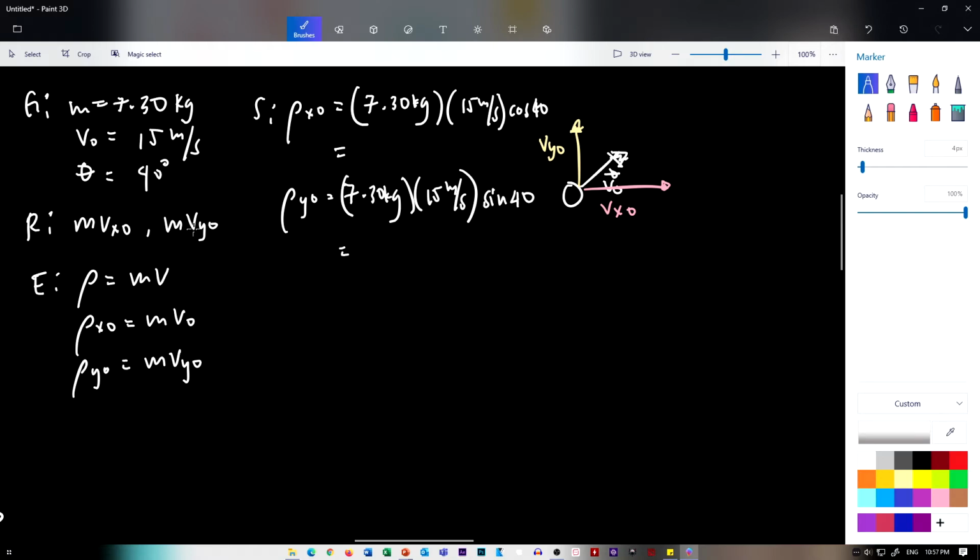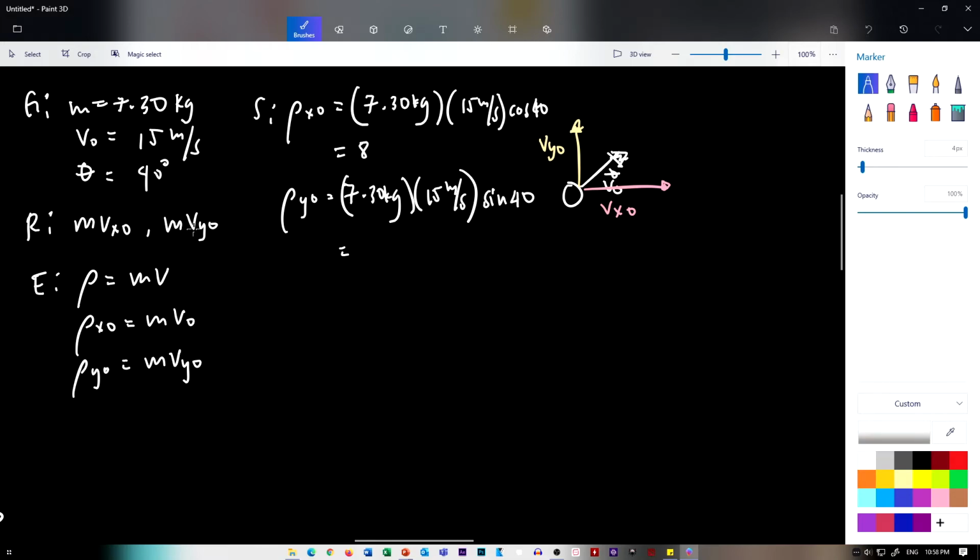I think you got that definition as of this point. So I'm going to solve it first. So that's 7.3 times 15 cosine 40. So what's that? 83.88.